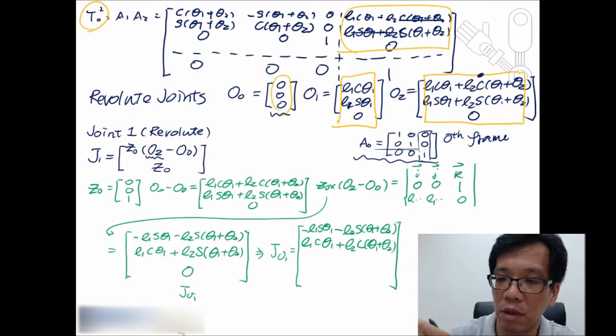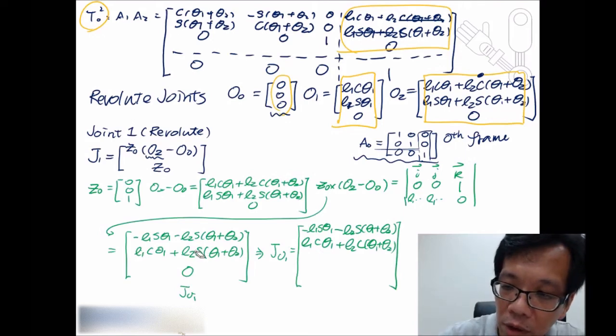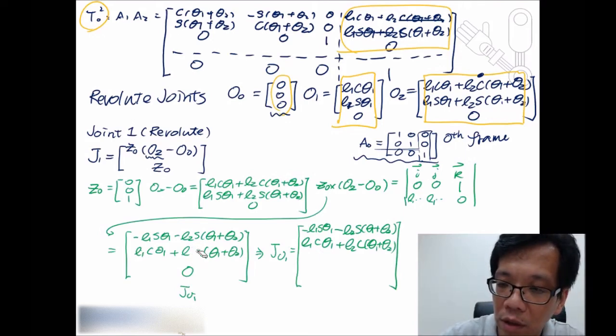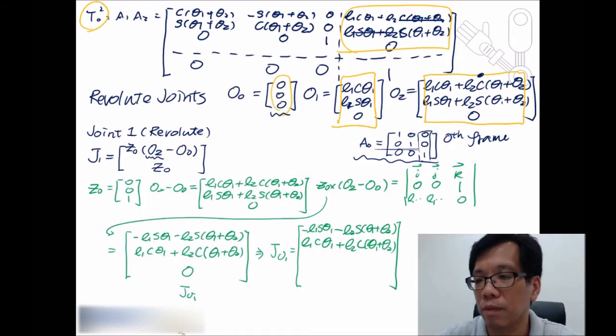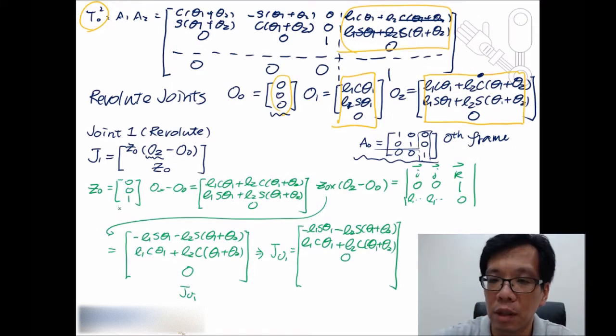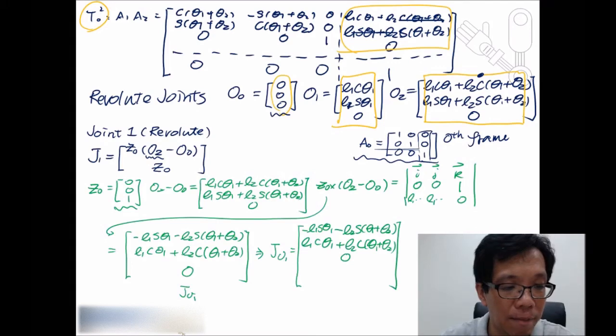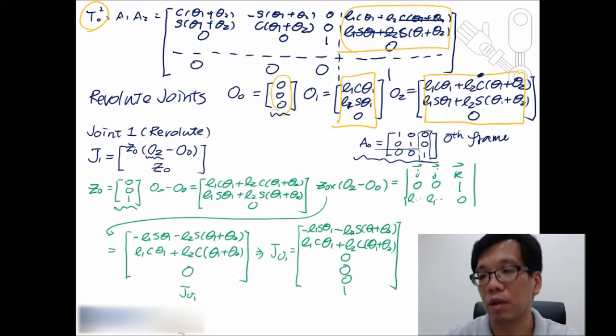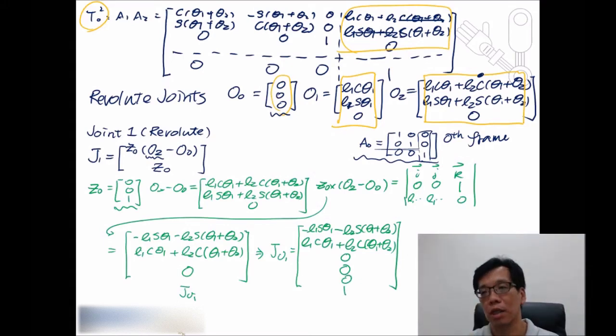Oh, I'm sorry. This one over here should be a cosine. And the third component is going to be 0. Then we need to put this part back here. So it's going to be 0, 0, 1. So these are the 6 components we have for J1.